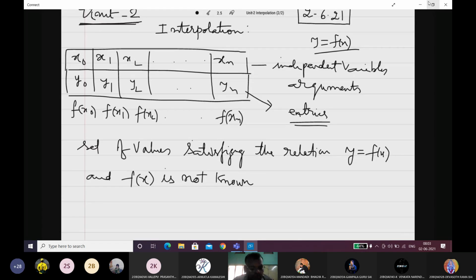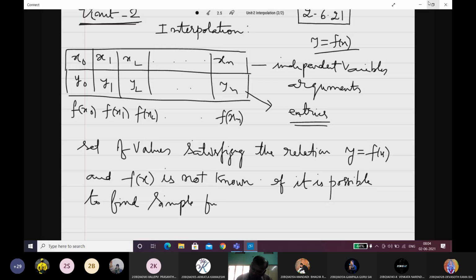Now, if it is possible to find a simple function pi of x such that both f of x and pi of x agree at all the set of tabulated points. All the points satisfy these two functions.